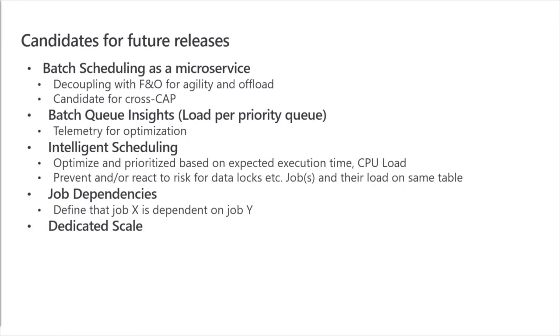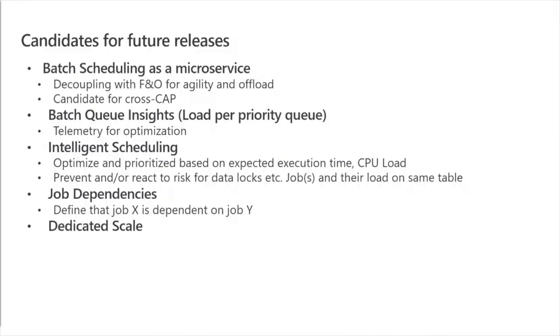So, for example, if there is a long-running batch job scheduled, and there is also a service operation that is going to stop the system during maintenance mode, the batch scheduler will be smart enough to not schedule a batch job during that time, because it will ultimately result in failure. So that's about intelligent scheduling.